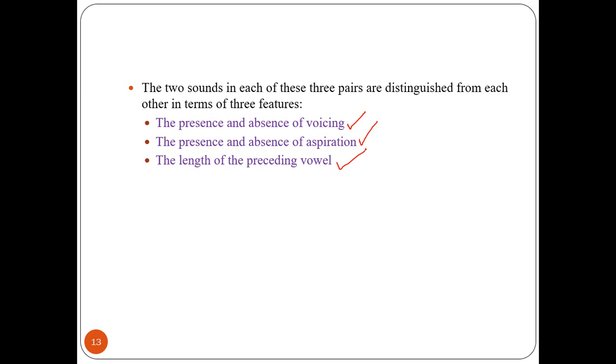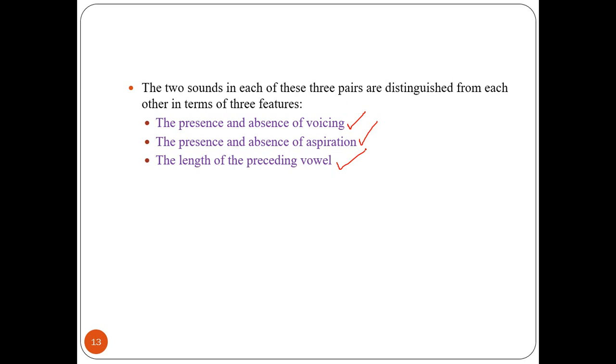First of all, it's the voice. The second one is aspiration. What is aspiration? It is basically the puffing of the air. I'm explaining it further. The third one is the length of the preceding sound.